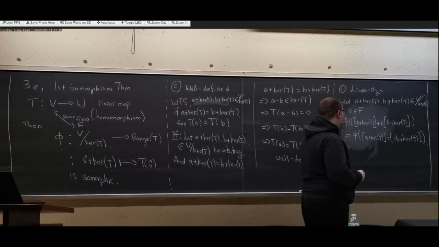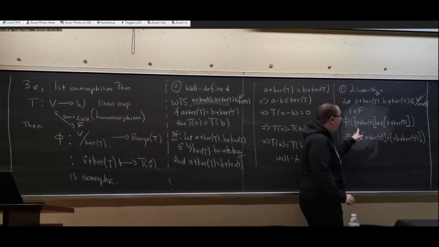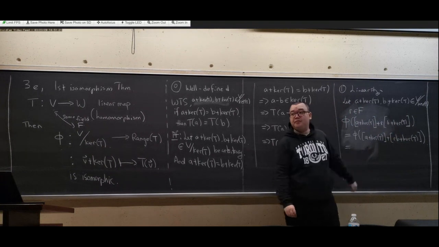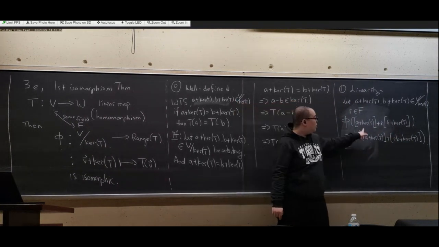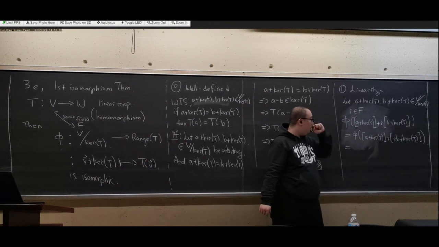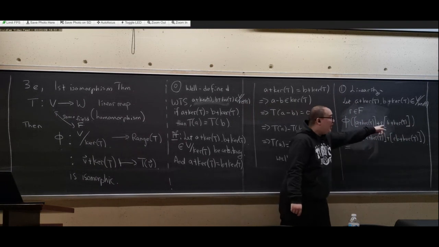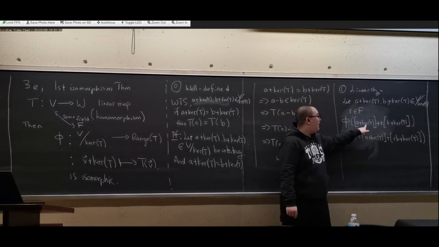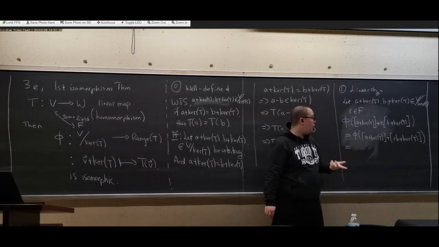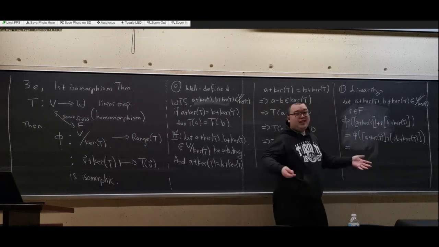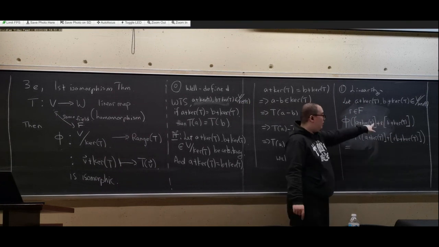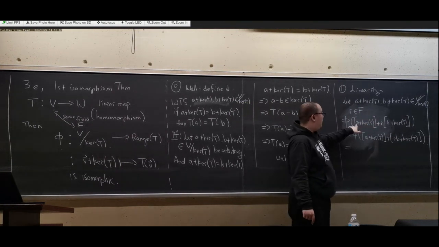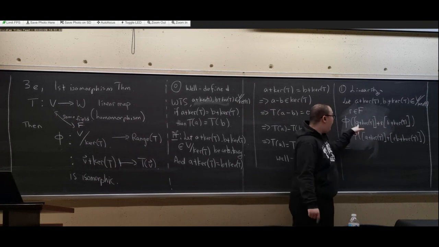And also, if I add two cosets together, I can say that I add kernel of T to kernel of T and I get two kernel of T, but two kernel of T is still just kernel of T. So the addition does nothing to the set, but all it does is adding the representatives together.